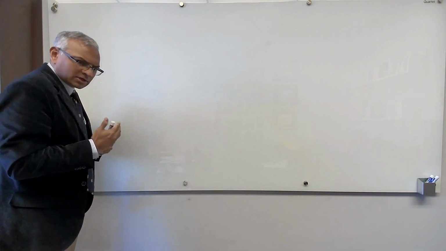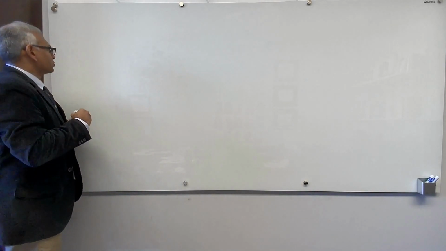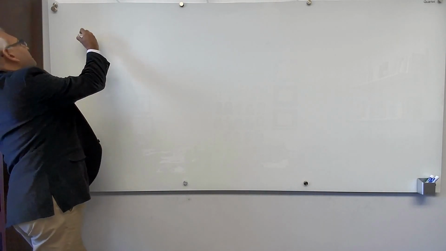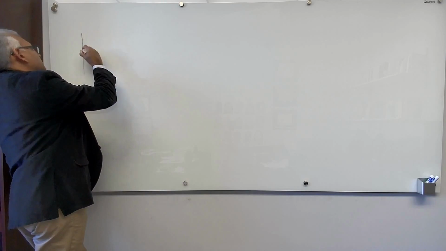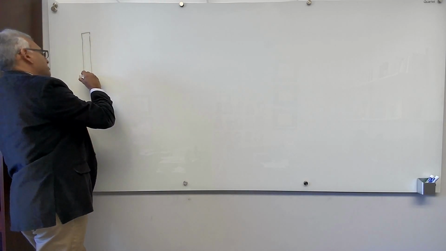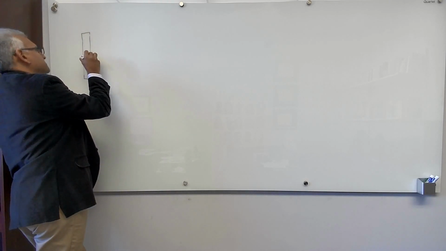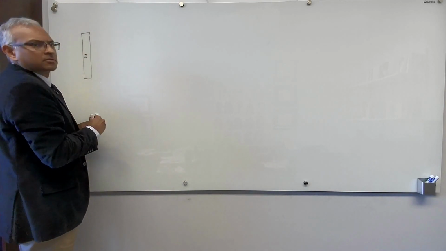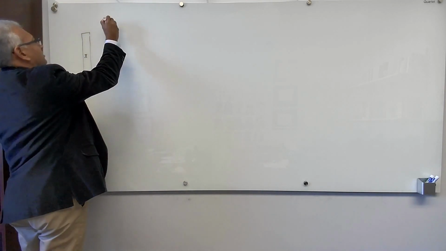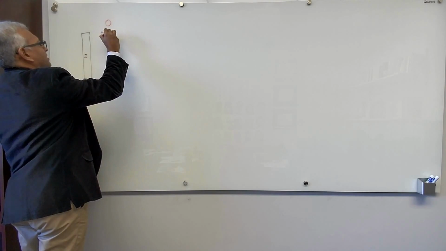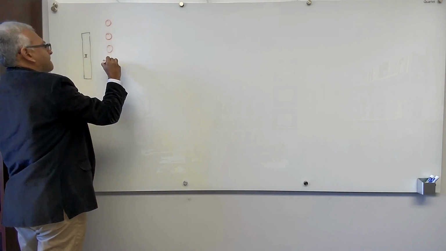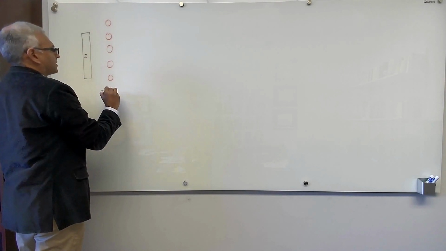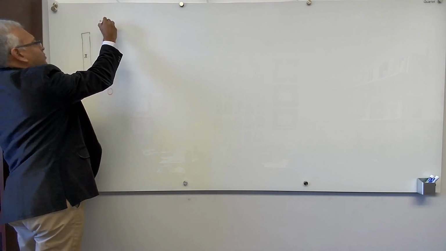So let me show you what a single hidden layer neural network looks like. This is just a reminder. You have your input X, and you have your hidden layer nodes, which I'll put in red here. And you have your augmented one.